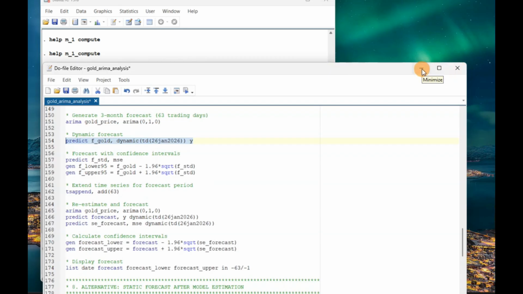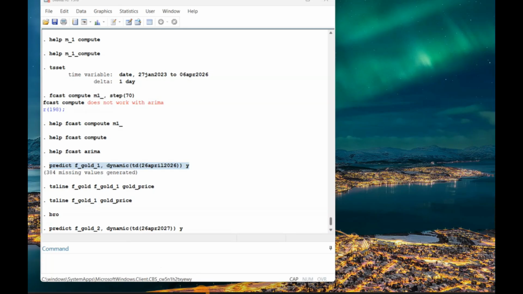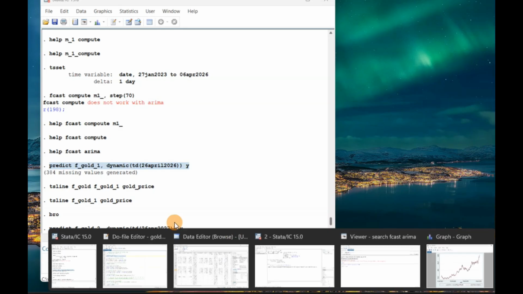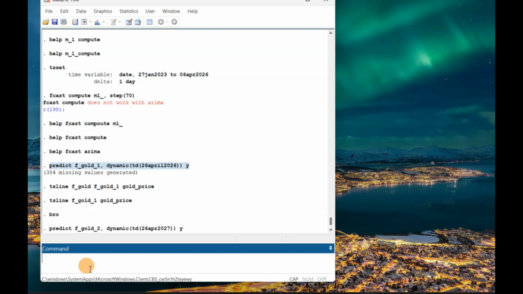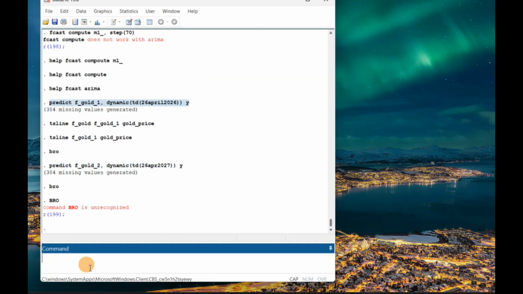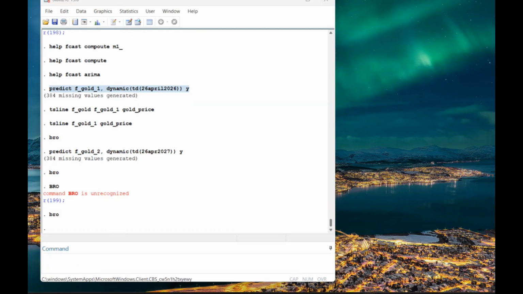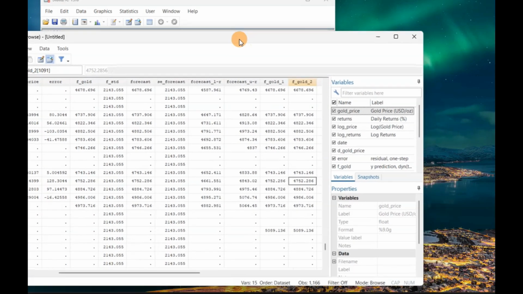But my question was, the forecasting we were doing, we were using yesterday's price to determine today, right? Yeah. And then in the browse, we stop at the 26th. So the 70 days that we created should have been there, right? Yeah, it should be. But the issue was that Stata can't make it.